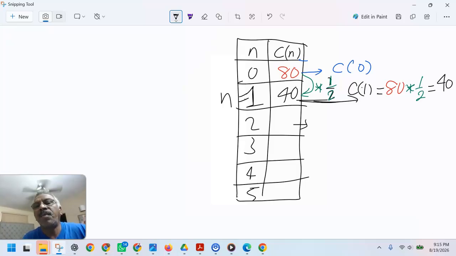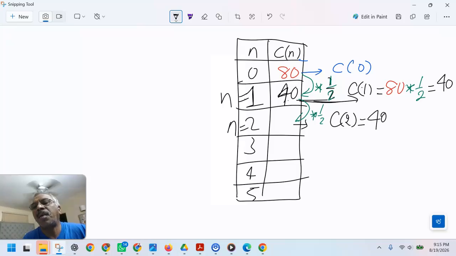Now, how do we find the next? You're going to multiply one more half, right? The last time we were saying multiply by half. So the C2, because n is 2, the area now C2 is going to be, like how we wrote the previous one, that is this 40. Again, this 40 is multiplied by half.